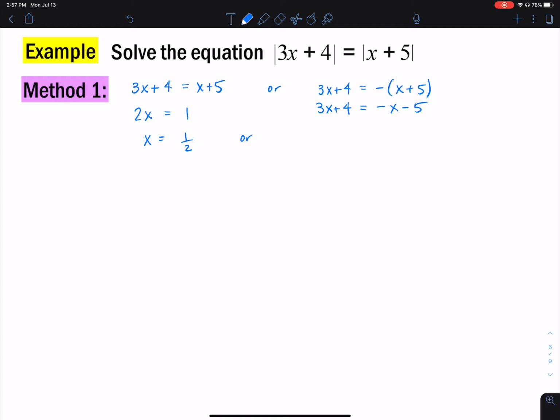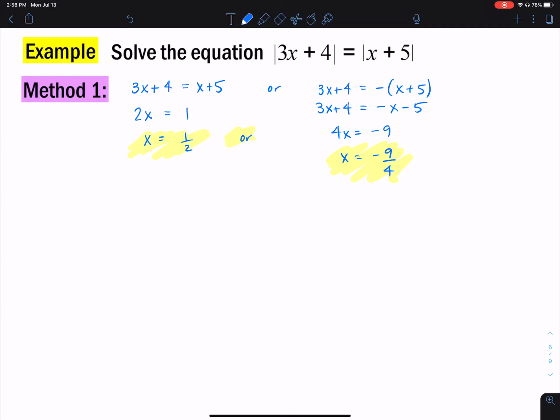And when you move your x's to one side, you would get 4x, move the 4 over, is equal to negative 9. Divide both sides by 4, and you get x is equal to negative 9 over 4. So those are your two answers. x could be 1/2, or x could be negative 9 over 4.